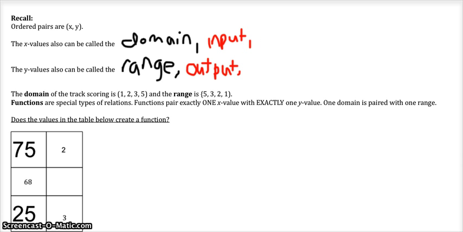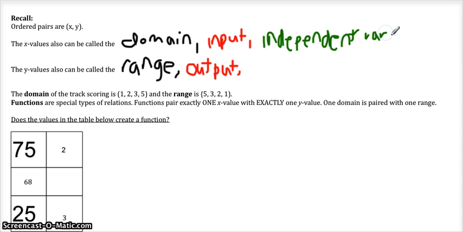And then one other thing you might have done last year, and this would have been in science, the x value is also the independent variable. Love my handwriting with this mouse.